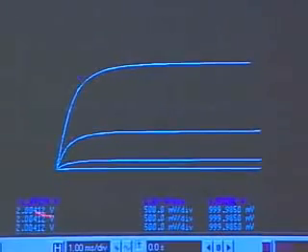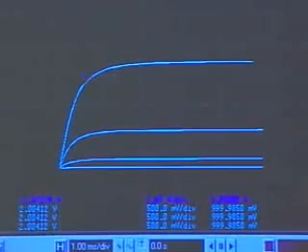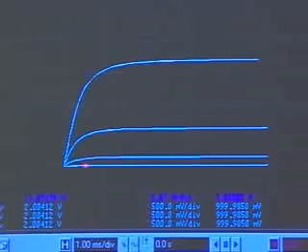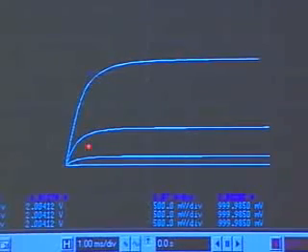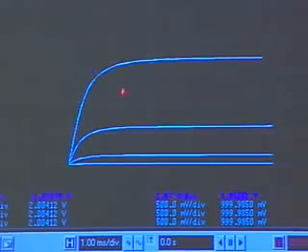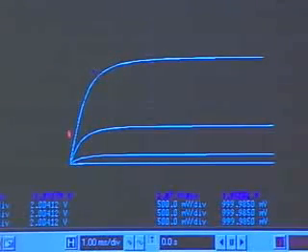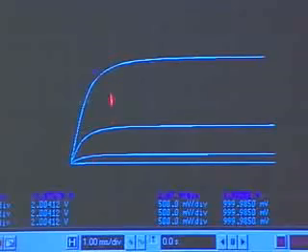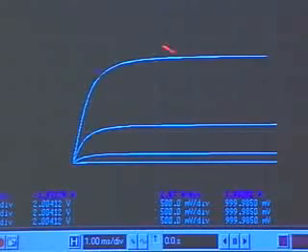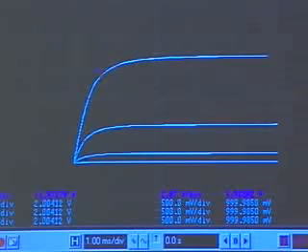So these are the entire curves of the MOSFET. Finally, the truth comes out. And notice that when VDS is less than VGS minus VT, more or less resistive behavior. But when VDS is greater than VGS minus VT, I get current source-like behavior.